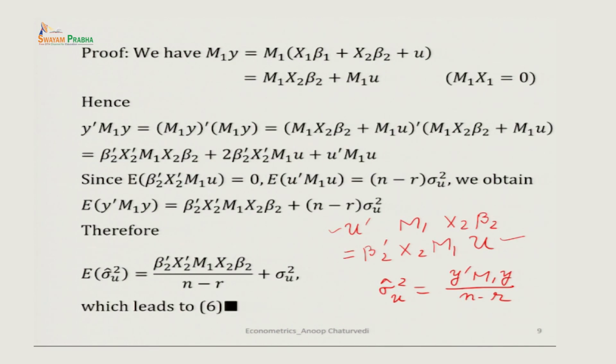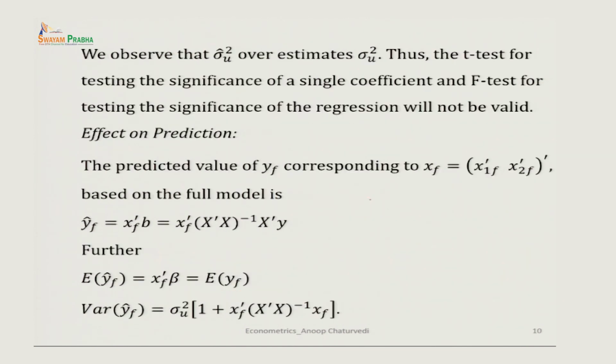In fact, this term gives you the bias of sigma hat square u, and this term is greater than 0. Beta 2 transpose x 2 transpose M x 2 beta 2 is greater than or equal to 0.